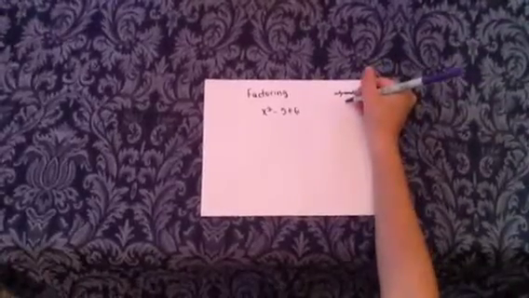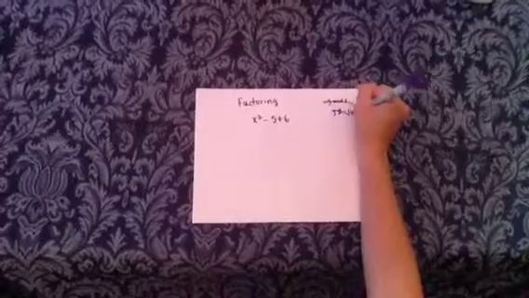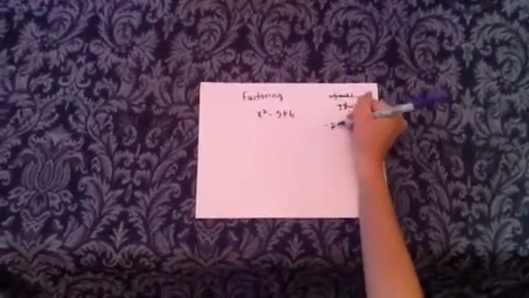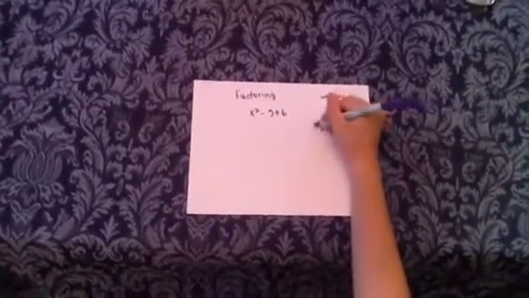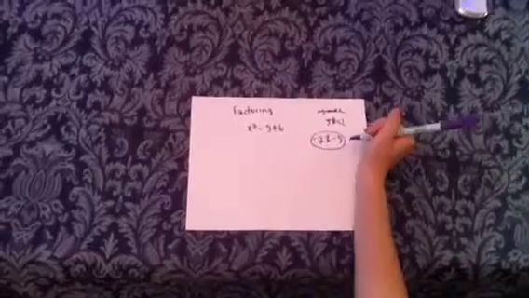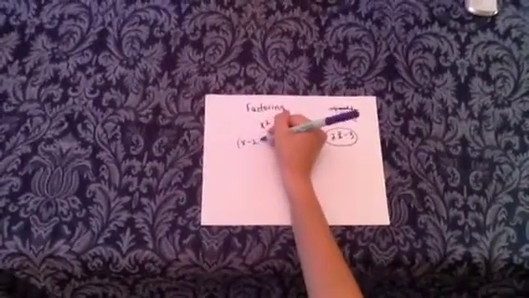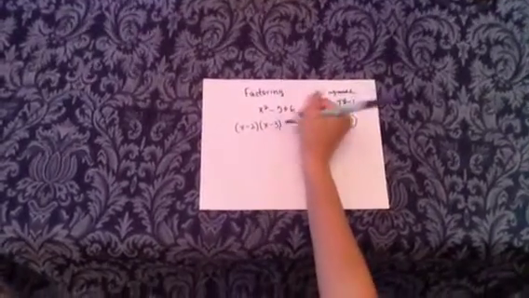No. 5 and negative 1? No. Negative 2 and negative 3. That's it. Now, let's put it into foiling form, which would be x minus 2 and x minus 3.